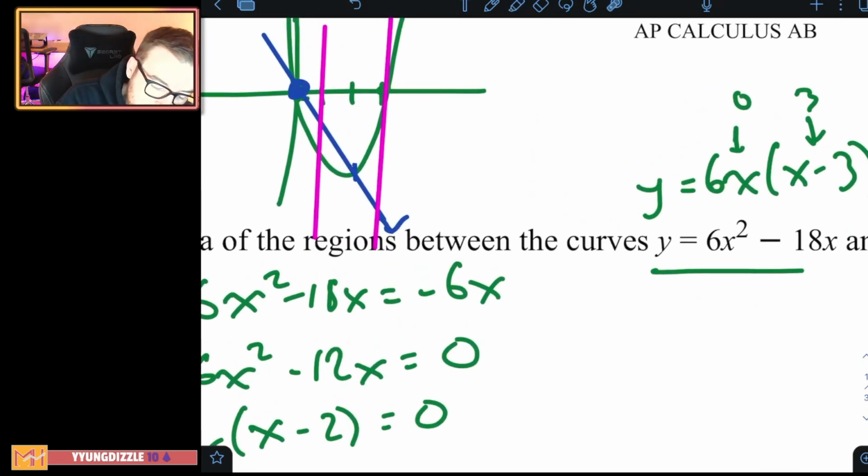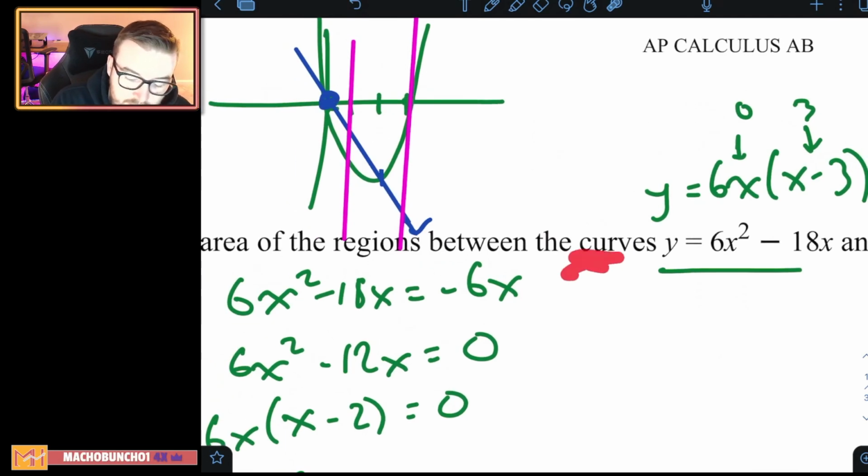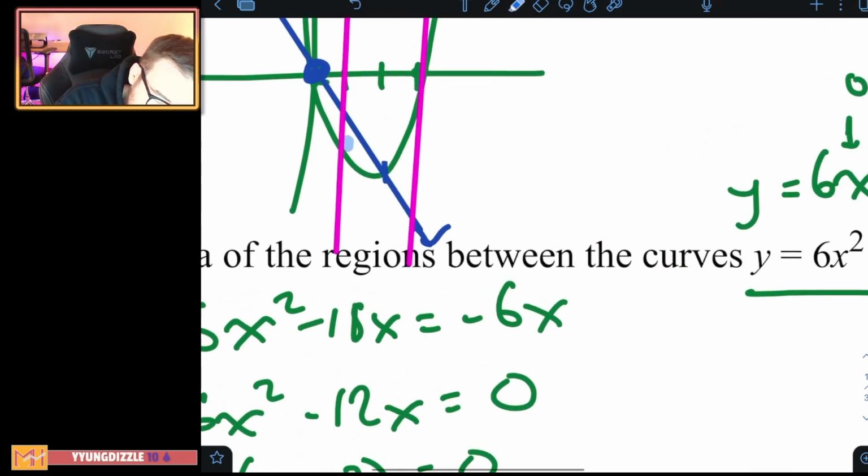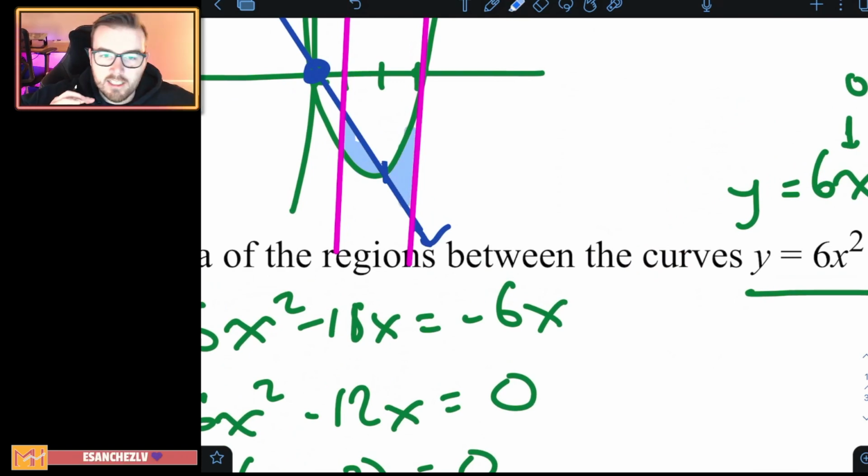And I started talking about this, and that is inaccurate. The x-axis is not one of the given bounds. The region that we're talking about is this and this, like bow tie-esque looking thing.